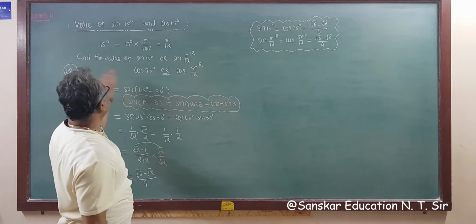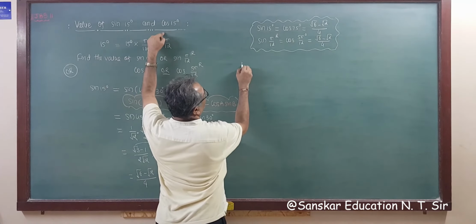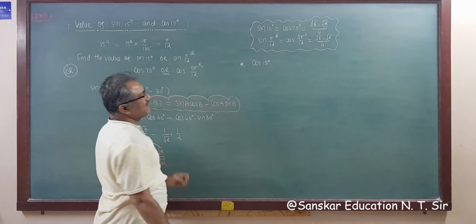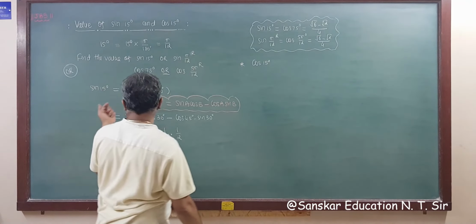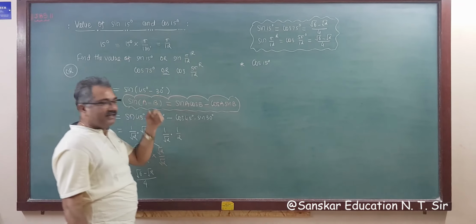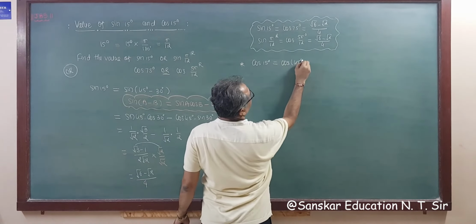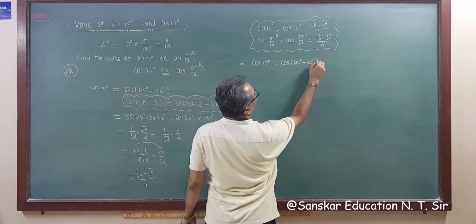Similarly for cos 15 degree, that is the same thing, cos 45 minus 30 degree.